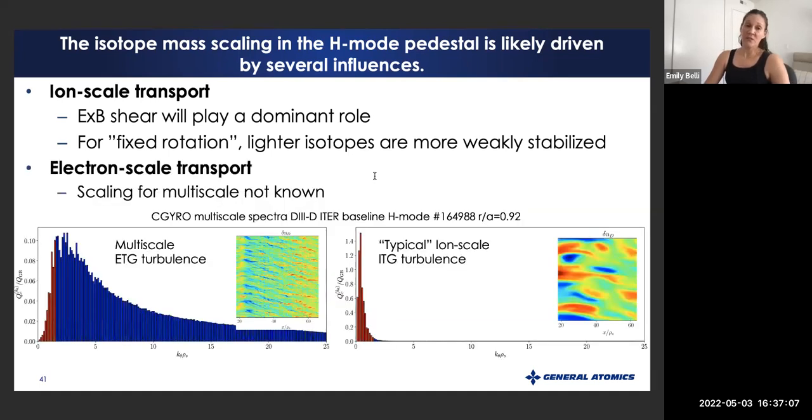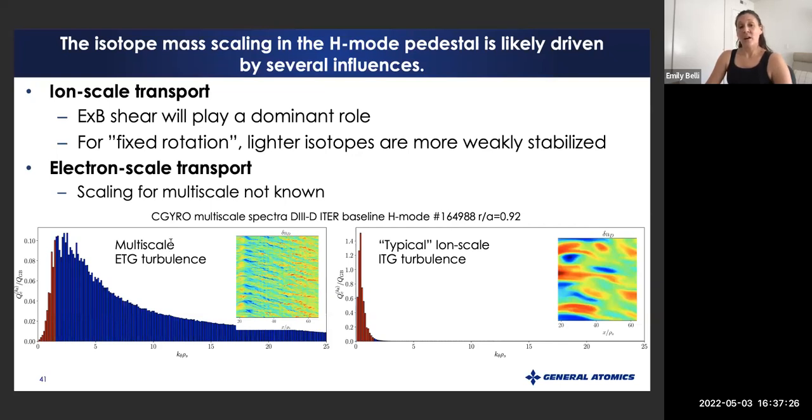But the electron scale transport is also likely to play a role. For example, recent nonlinear CGYRO simulations of a DIII-D ITER baseline H-mode case in the pedestal find that the experiment lies in a bifurcation region between ITG turbulence and ETG turbulence.